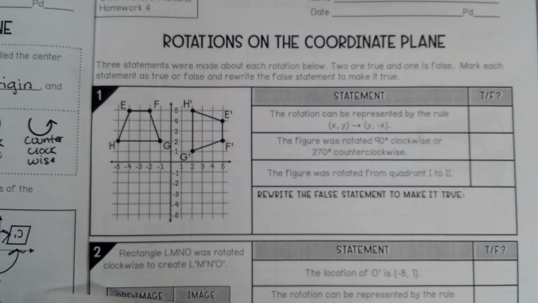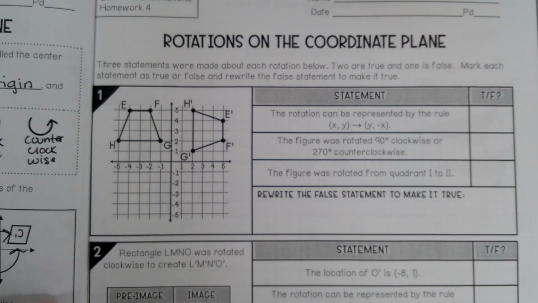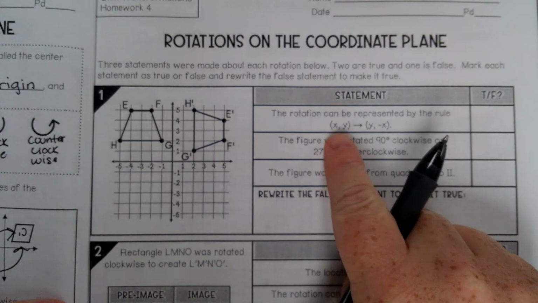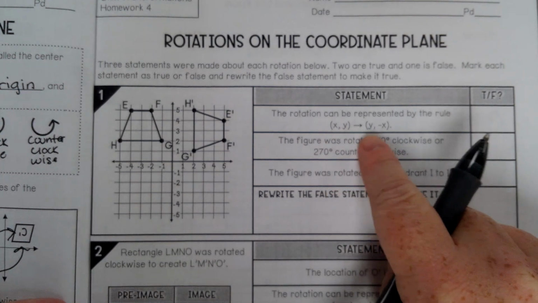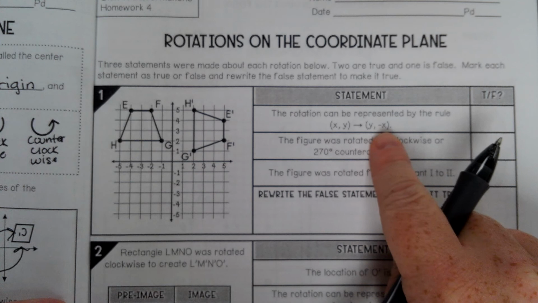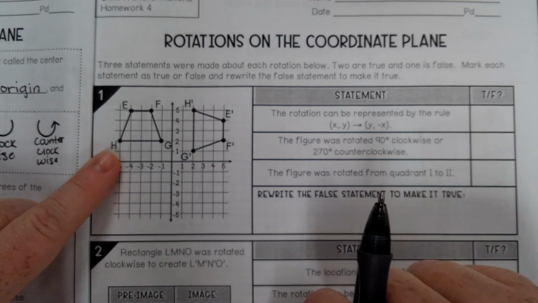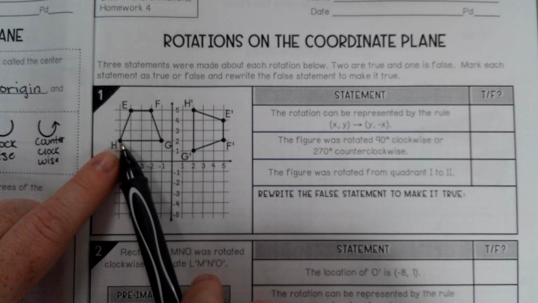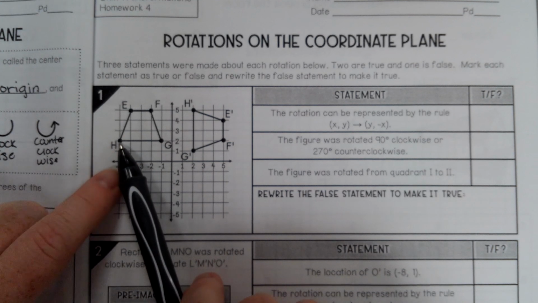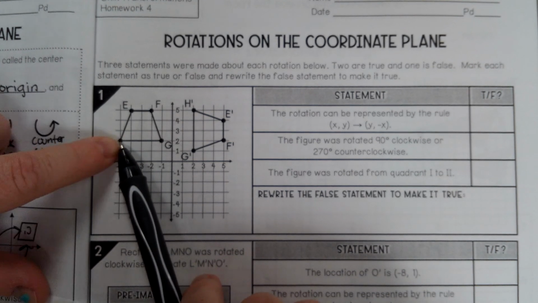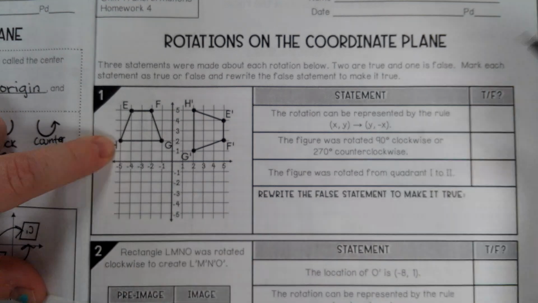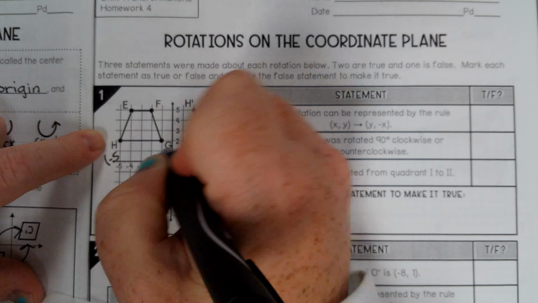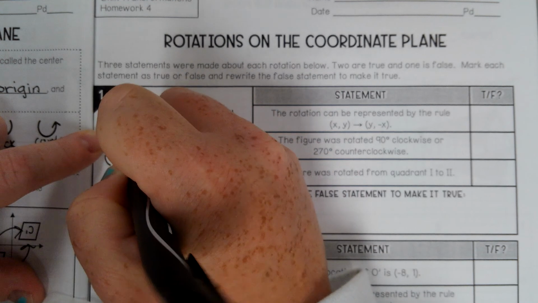The rotation can be represented by the rule x, y is now the y and a negative x. So originally we have negative 5, 2.